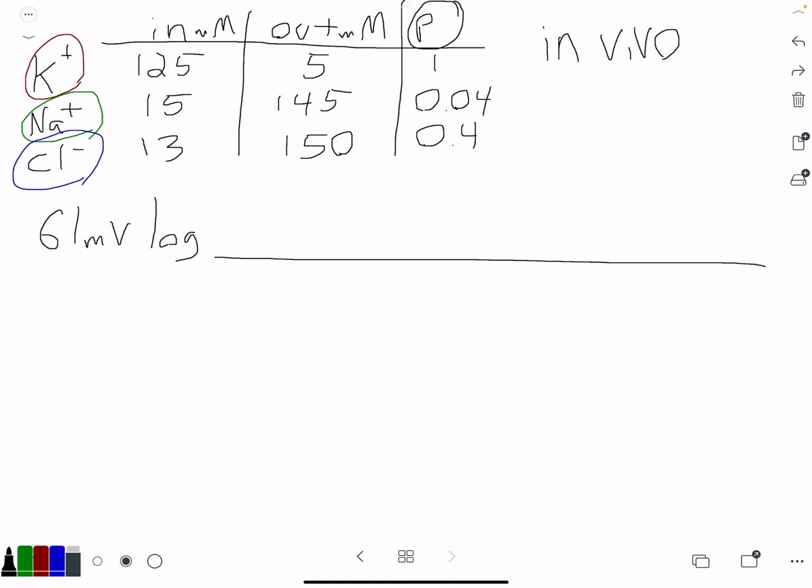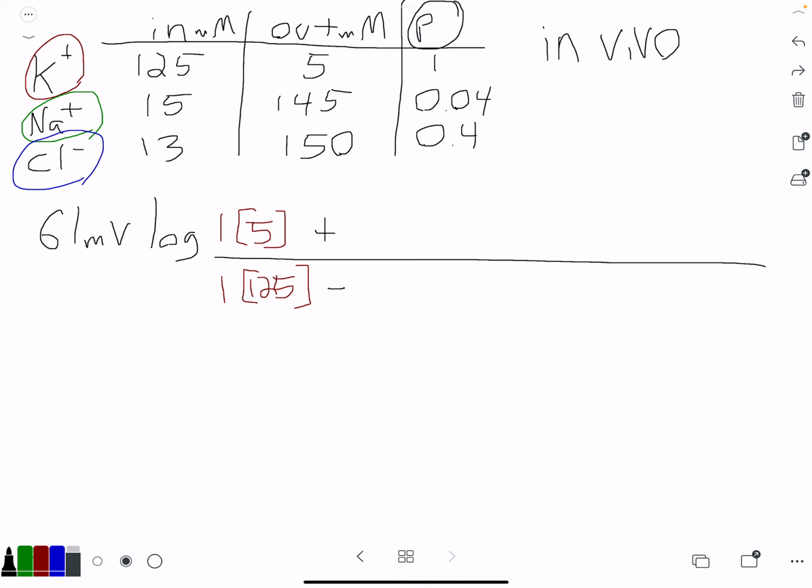Going by memory, we need the concentration of potassium, outside over inside for our positive ions. So that is 5 over 125, and we need to multiply it by the permeability constant, so 1 times that.